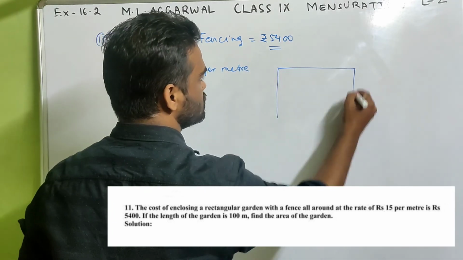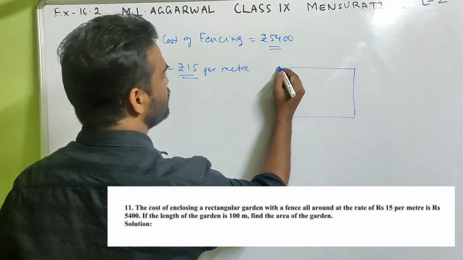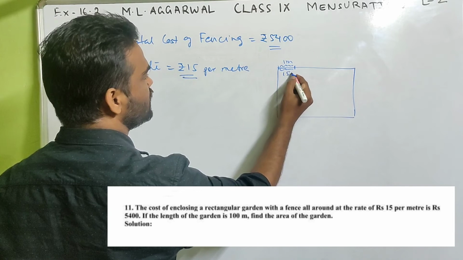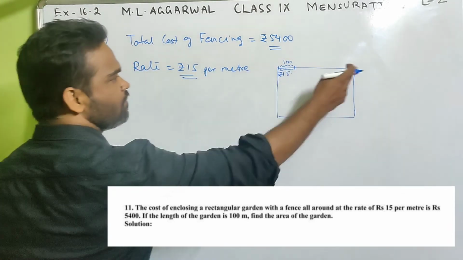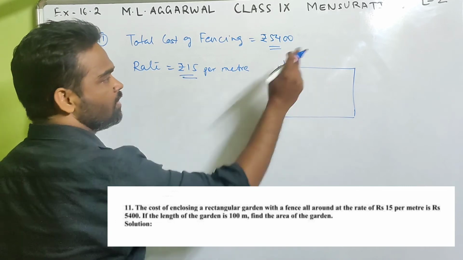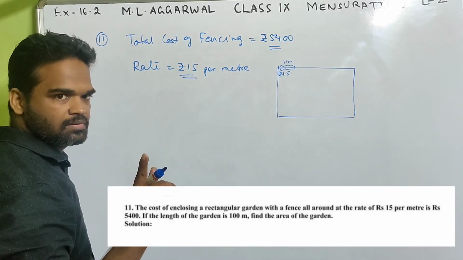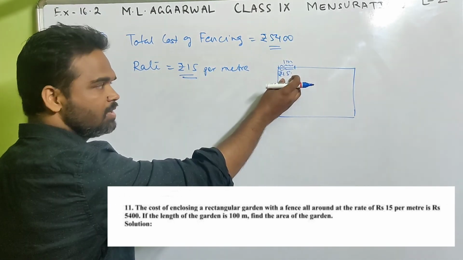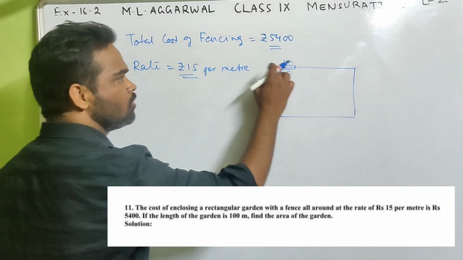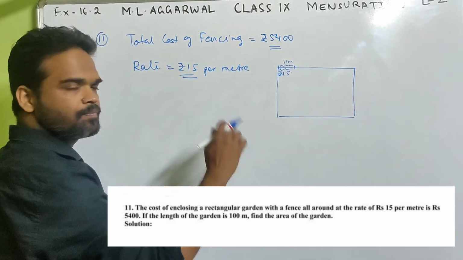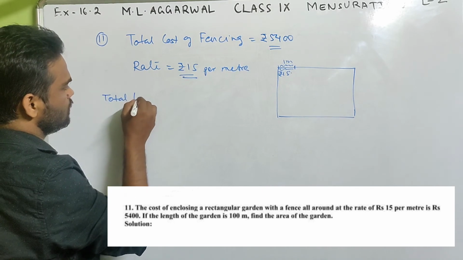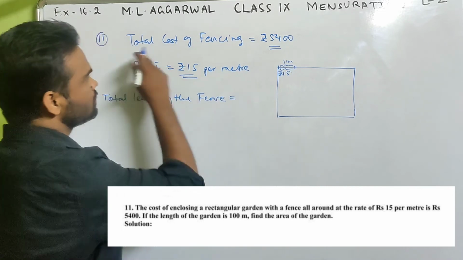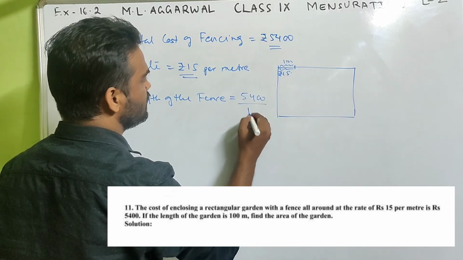Try to understand. This is your rectangular garden. Suppose from here to here is 1 meter. Then the cost of fencing is 15 rupees, and they have fenced all around it and charged you rupees 5400. So the total cost of fencing is 5400 and the cost per meter is rupees 15. If you divide these two, don't you think you get the total length of the fence? Total length of the fence will be total cost by rate.